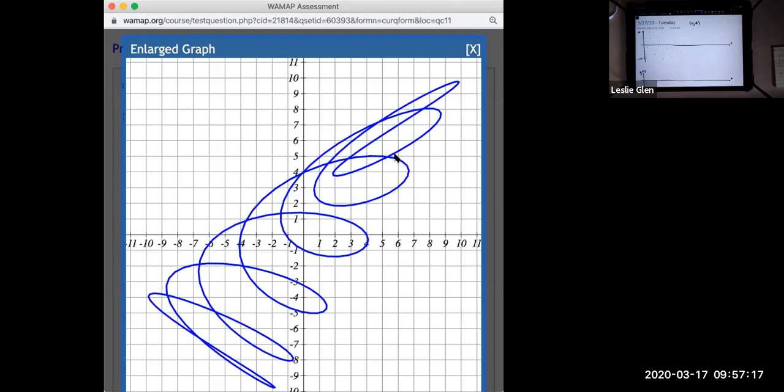Now, which way was I going? This is the problem with these. -4, 7, I was going this way. So then I get down to about 1. And I'm going to cross over here and go all the way out to 10. Looks like about 10 there.